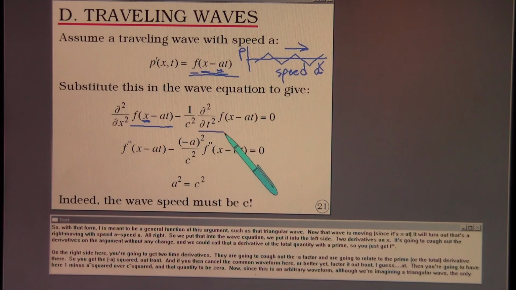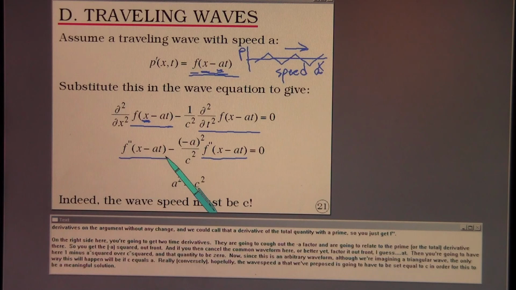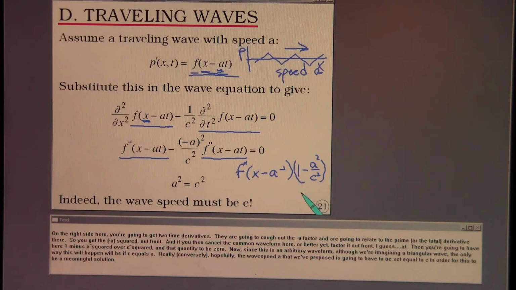On the right side here, you're going to get 2 time derivatives. They're going to cough out the minus a factor and then relate to the prime or the total derivative there. So you get the minus a squared out front. And if you then cancel the common waveform here, or better yet, factor it out front, you're going to have here 1 minus a squared over c squared, that quantity to be 0.